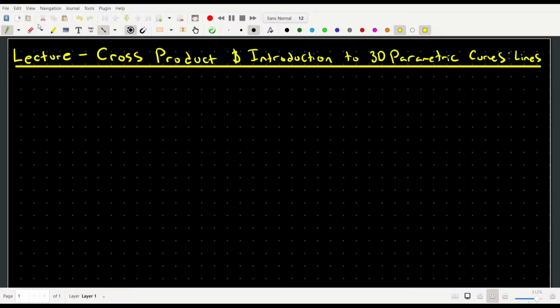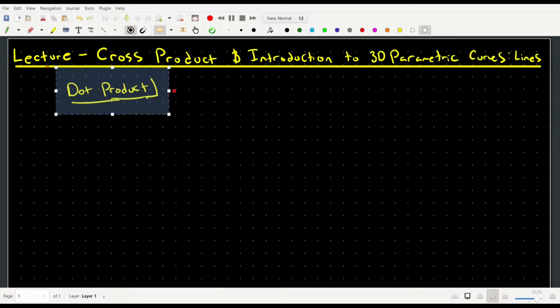You'll remember in the previous lecture, we defined the dot product, which had two really nice ways of computing it.